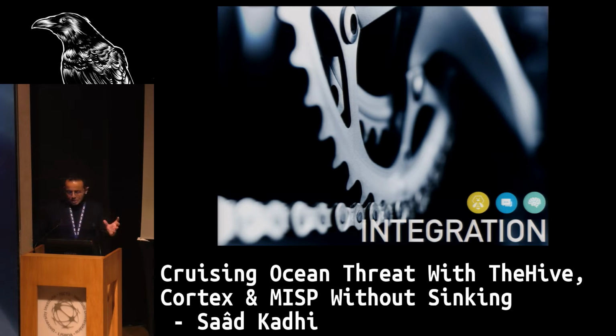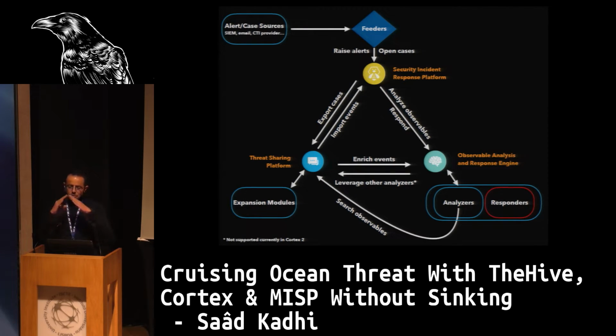As for the integration of the three, you can think about that as a triangle. On top you have TheHive, which will receive alerts from different sources. For example, you have cyber threat intelligence providers, SIEMs, and emails, as I said, suspicious emails coming from your constituency.